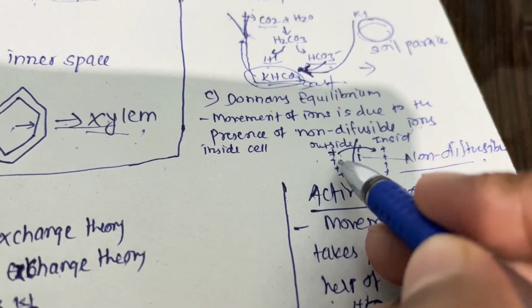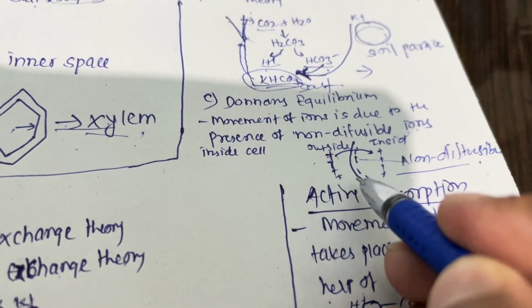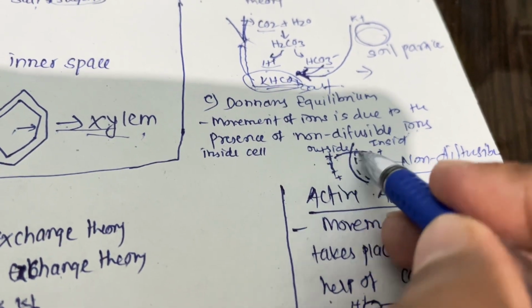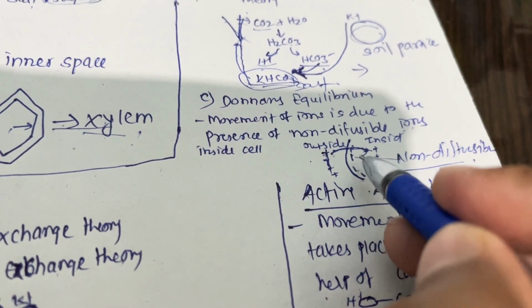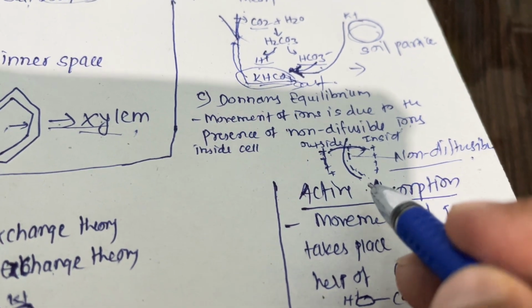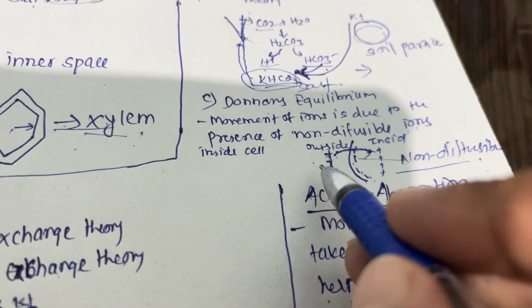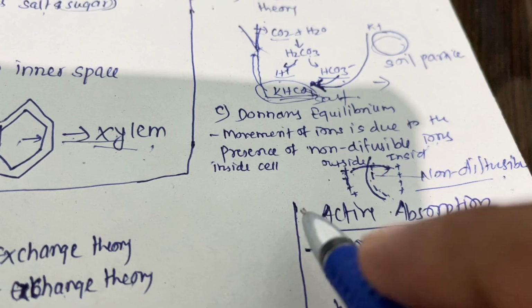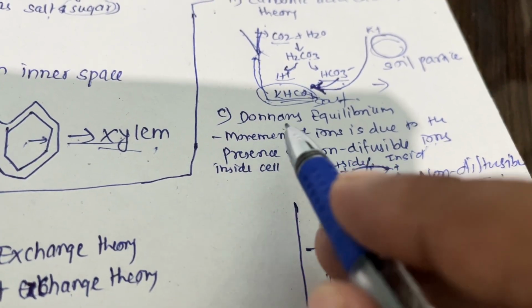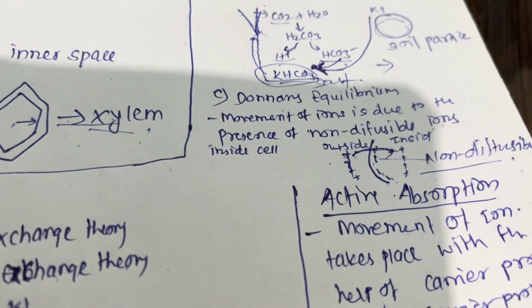The cations present outside of the cell wall will go inside the cell wall due to the presence of these non-diffusible anions, and this theory is known as Donnan equilibrium theory.